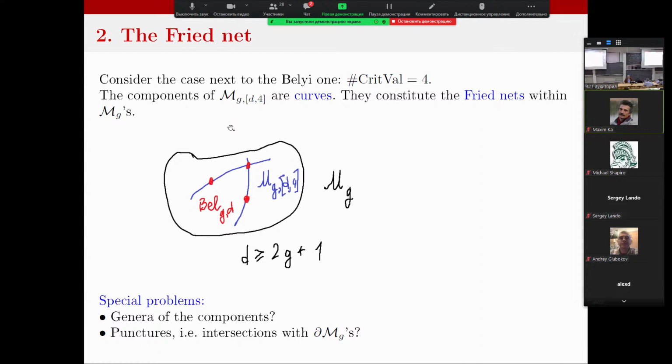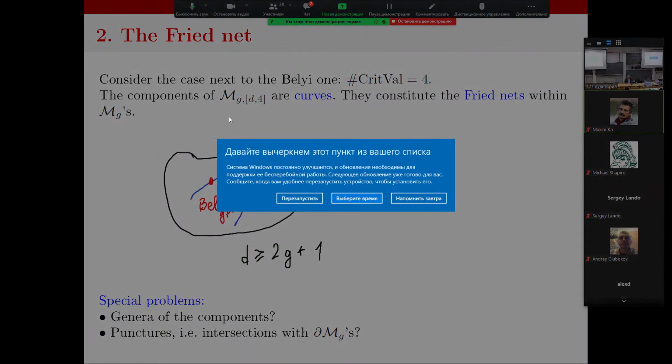I would say that this structure is studied to a very small extent. And in fact, the main goal of this talk that is represented in its title is to remind tomorrow.